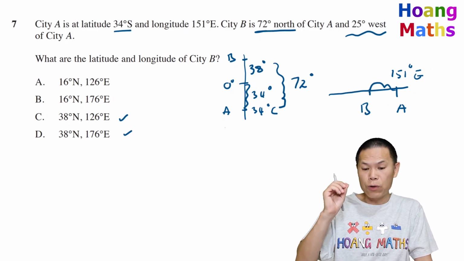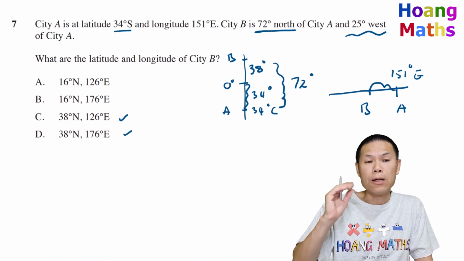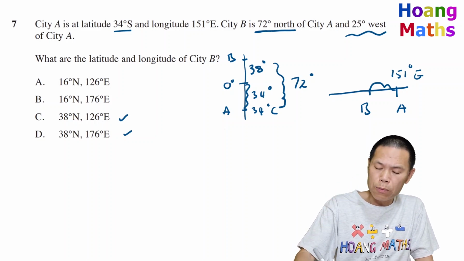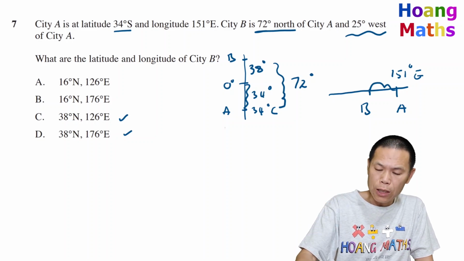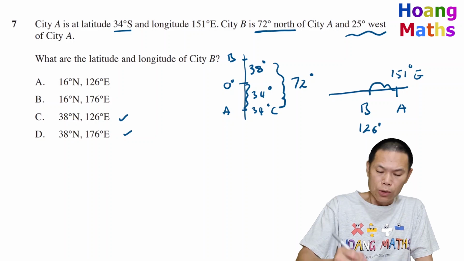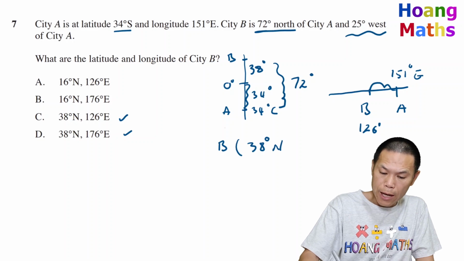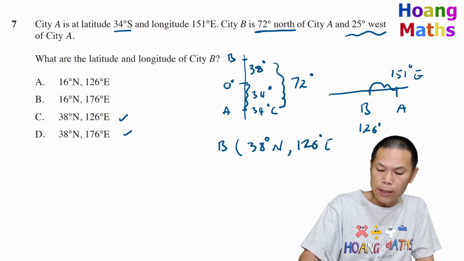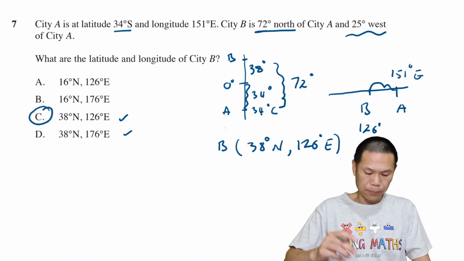That means 151 minus 25. 150 minus 25 is 125, so that gives me 126. Therefore, B is 38 degrees north and 126 degrees east. So that should be C. So that is the answer.